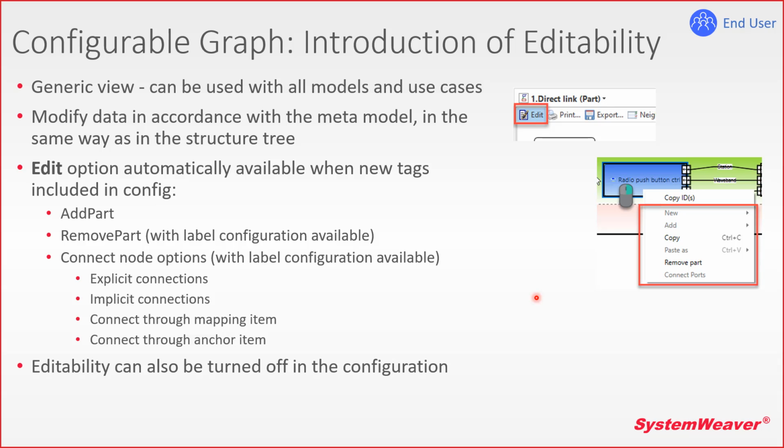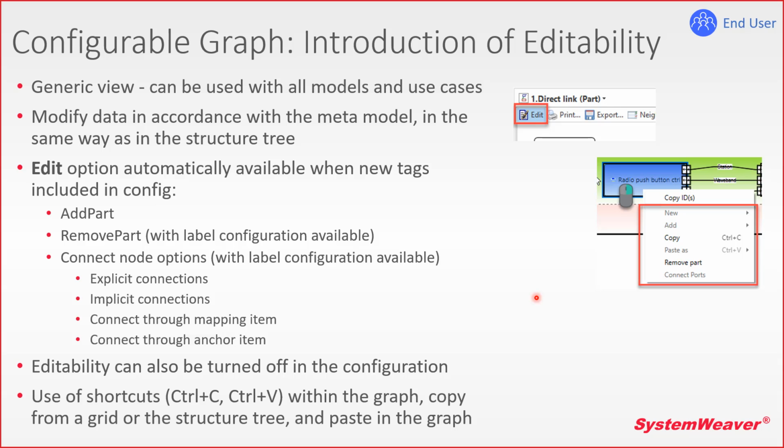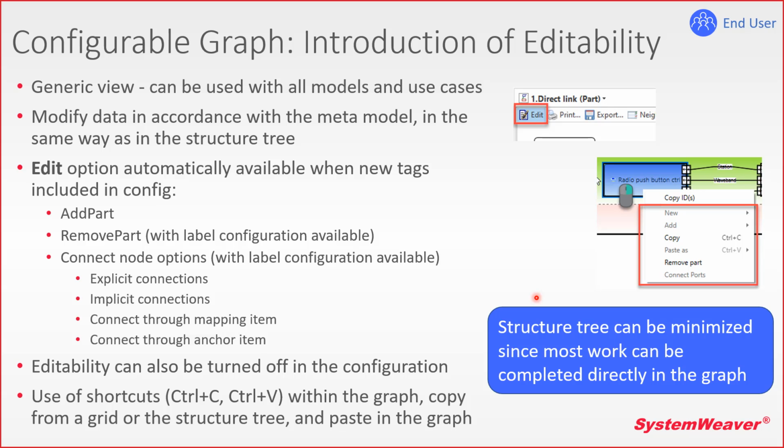And you can turn off editability as well. Say if you use these new tags and aren't ready for people to start editing, there's a tag that allows you to turn it off. And of course, in the graph, you can use the existing shortcuts: Control C and Control V for copy paste, which allows you to copy, for example, from a grid or a structure tree and then paste in the graph.